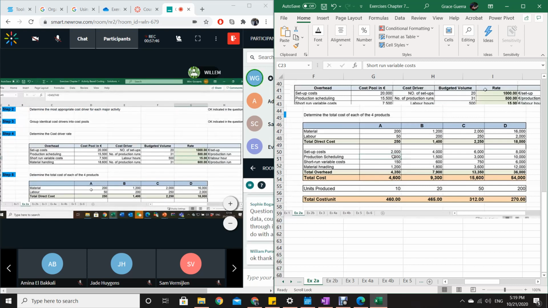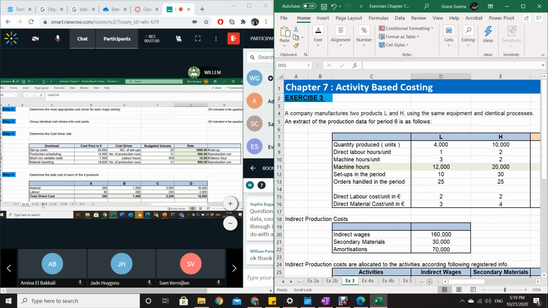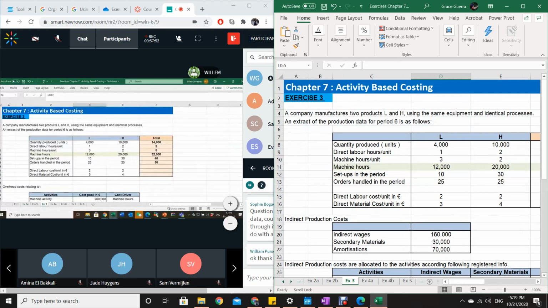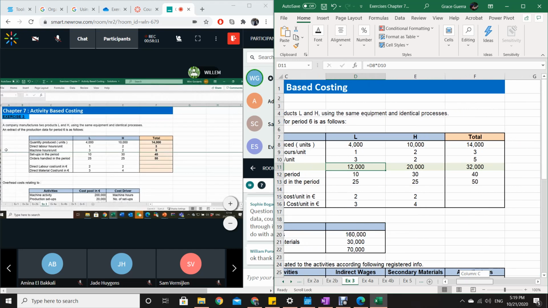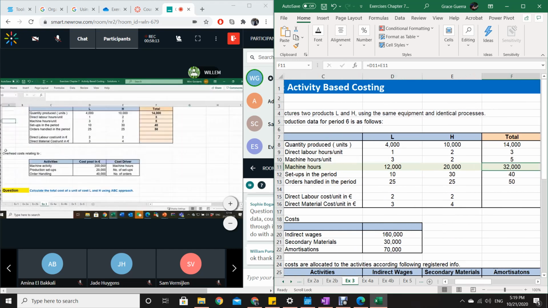Okay, for question 3. Here in my Excel sheet, it's a little bit different than yours, but this is what I have calculated immediately.